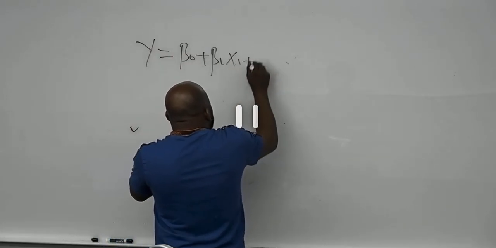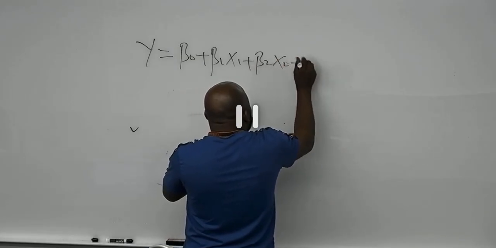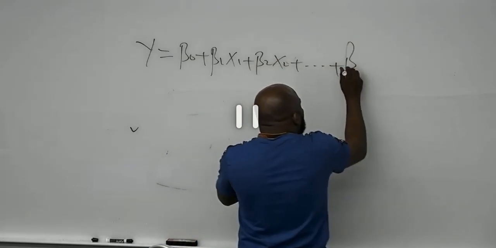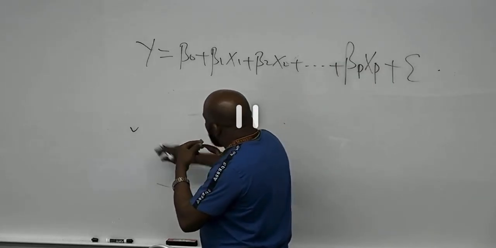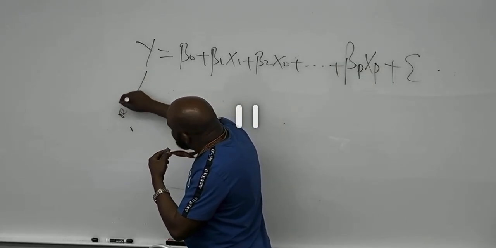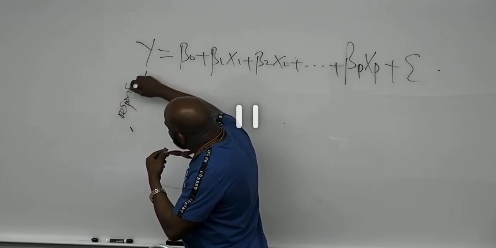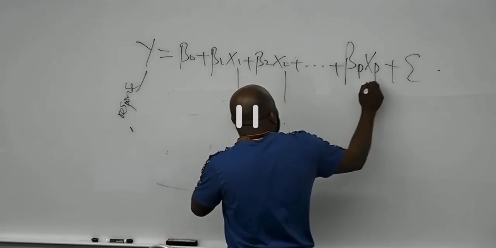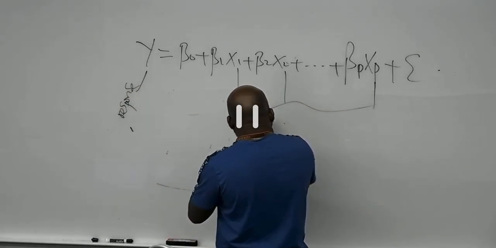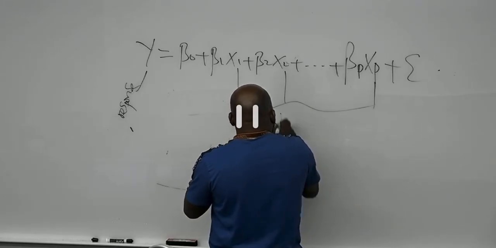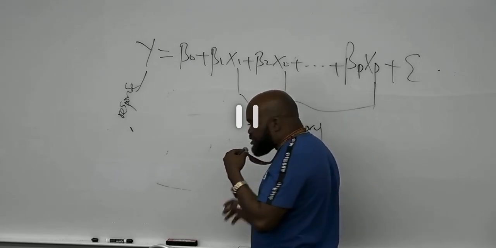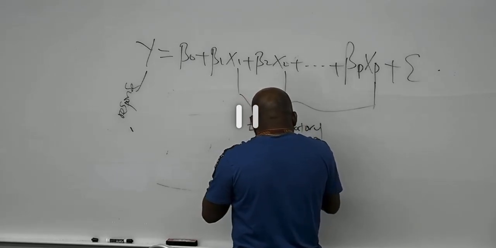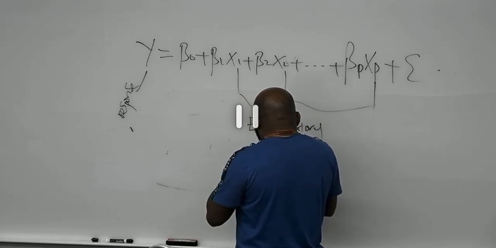Look at this. I'm having just one response, one outcome variable, and all of these, x1 up to xp, we call them explanatory variables, or predictors, or independent variables.